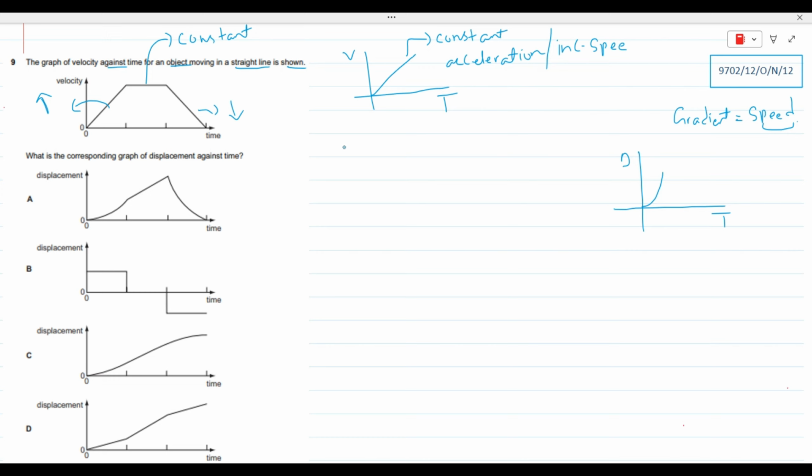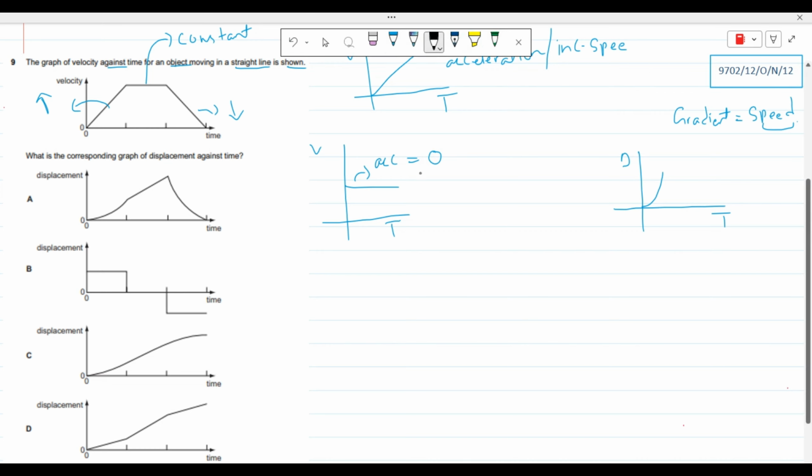Now, this is straight line. Let me make it here. Velocity time graph, straight line. It means acceleration or gradient is zero, which means, let me write it here, which means speed is constant.